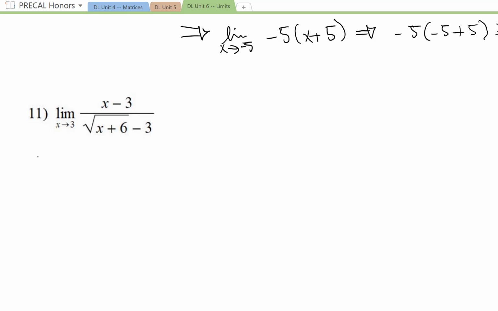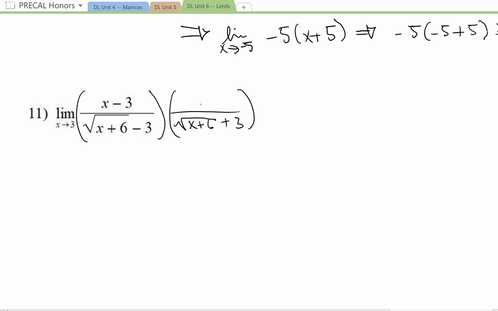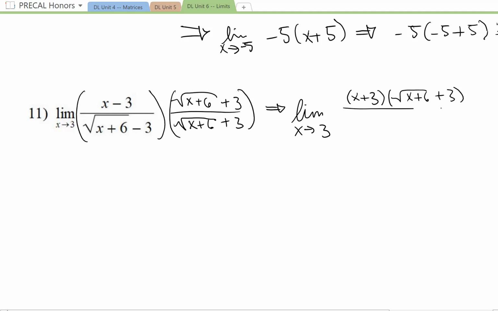Okay, that's the goal. So to rationalize this denominator, I'm going to multiply by the conjugate, which is square root x plus 6 plus 3 over square root x plus 6 plus 3. I'm leaving the numerator factored just to see if something may reduce.